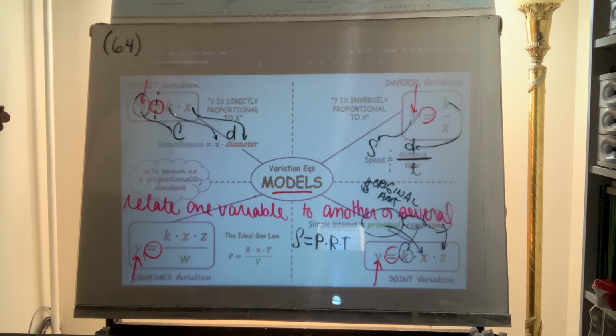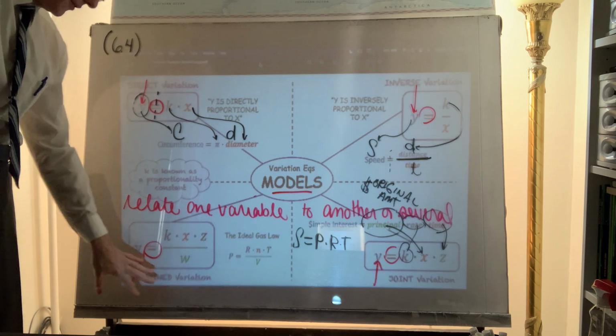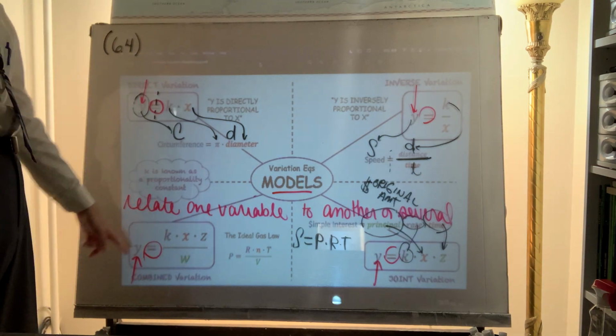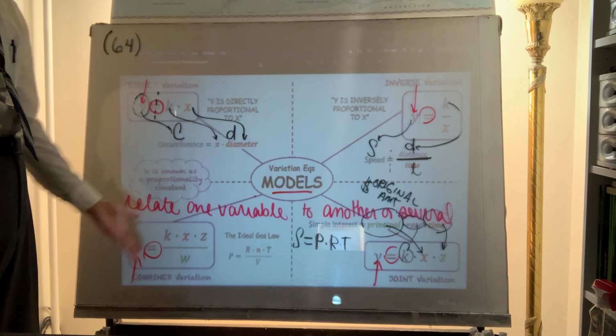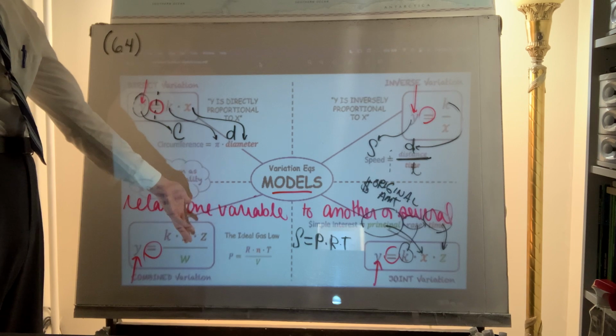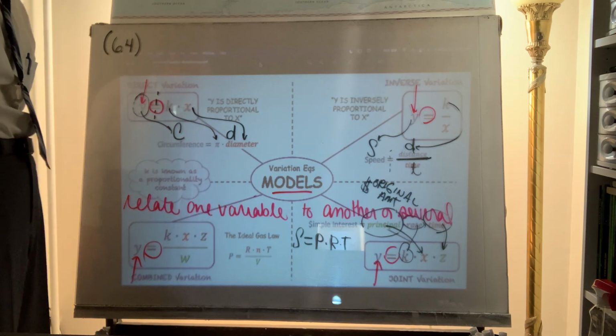Lastly, what came to mind for this more combined variation, where you have in this case three variables and a proportionality constant, would be the ideal gas law, the kind of thing that you would see maybe in your second semester of chemistry.